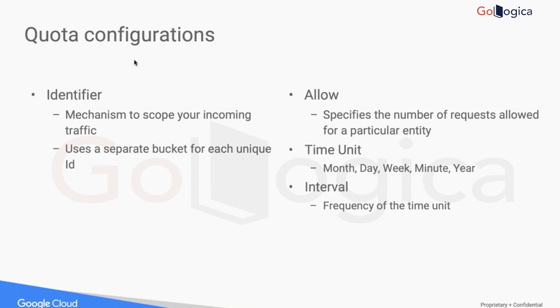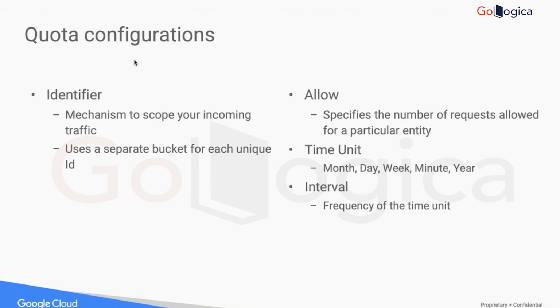Allow is the number of requests, the 100, 200, 300, whatever the actual numerical value. Time unit has multiple options: month, day, week. So quotas can be a monthly quota or weekly quota, based on your business requirement. And then interval is whether you want it for 1 minute, or for every 5 minutes or 10 minutes.